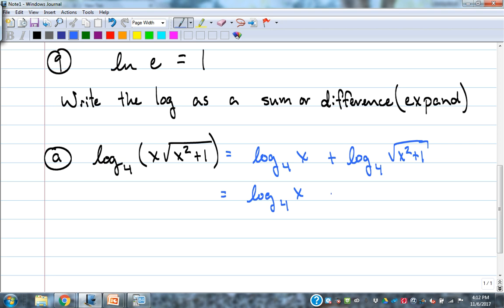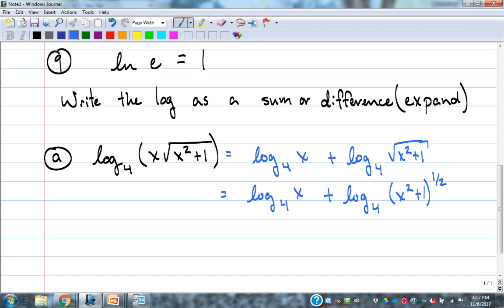That this is log base 4 of x plus log base 4 of x squared plus 1 to the 1/2 power. A square root is the 1/2 exponent. A cube root is the 1/3 exponent. A fourth root is a 1/4 exponent. That's the reciprocal. Square root is 1/2.